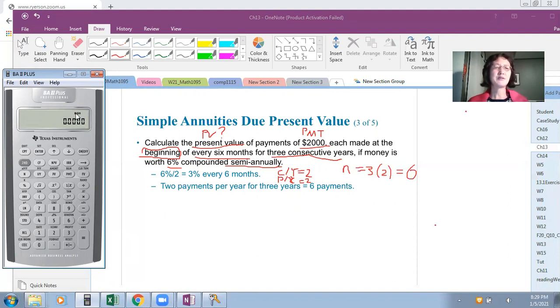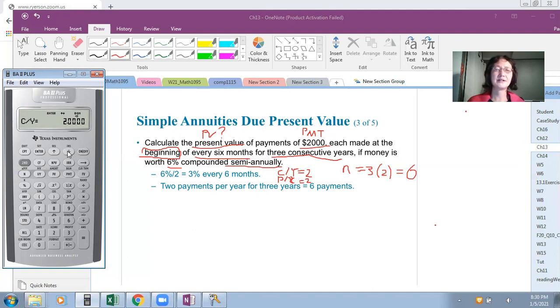Make sure your calculator is in begin mode, BGN mode. Then set up PY: second PY. PY is 2. Enter.